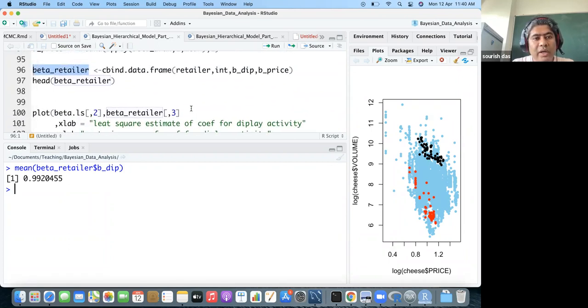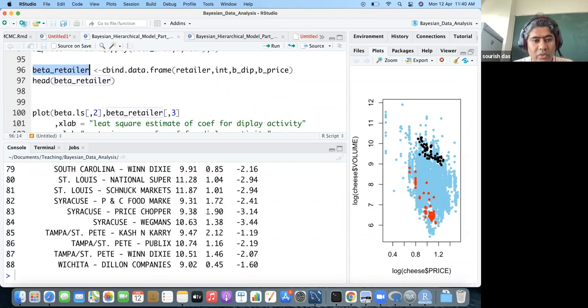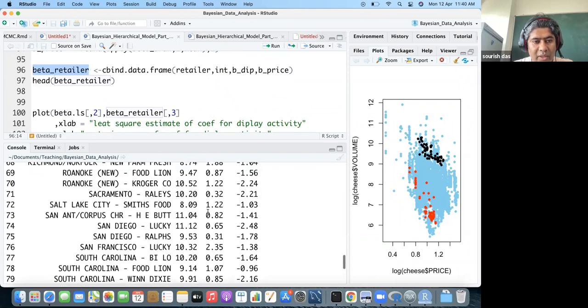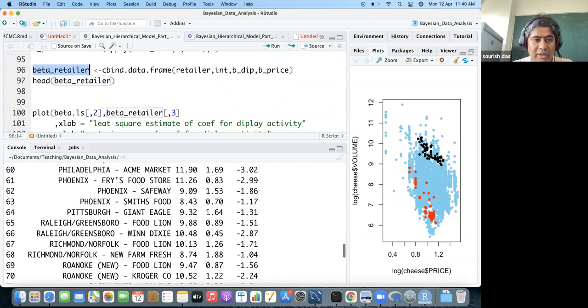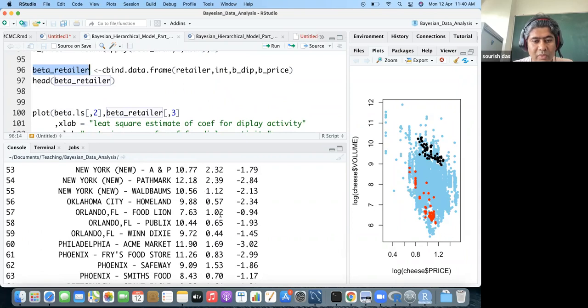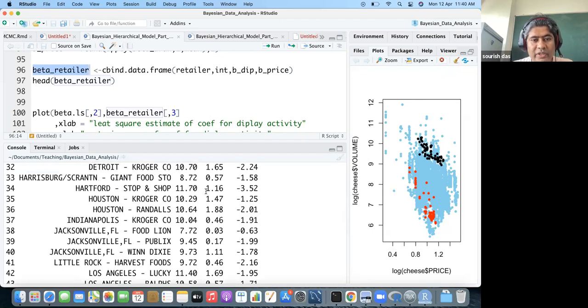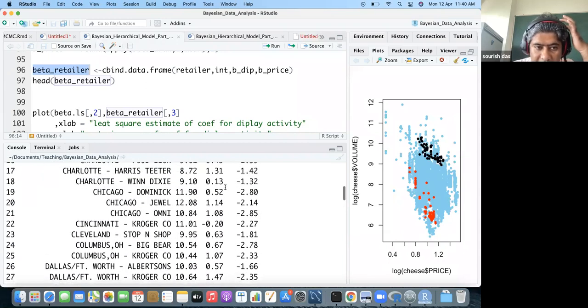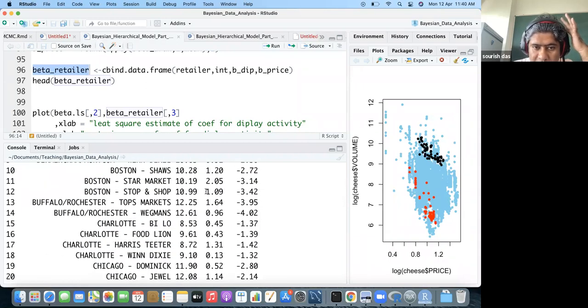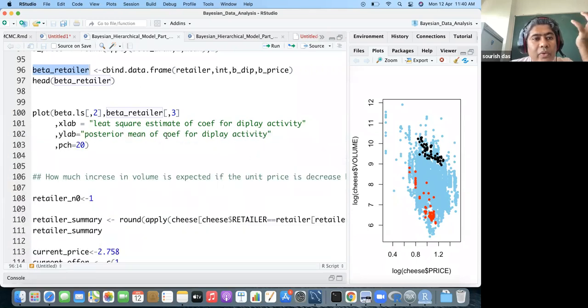And what we found is that for the ones which could not be estimated by the OLS method or simple standalone method, the Hartford Stop and Shop was 1.16, and the Boston Stop and Shop was 1.09. So for both cases it was close to 1. It was not exact, but still it was able to recover the value.